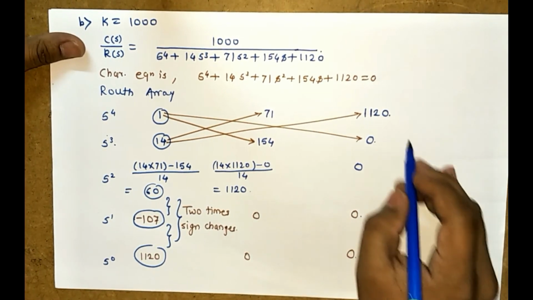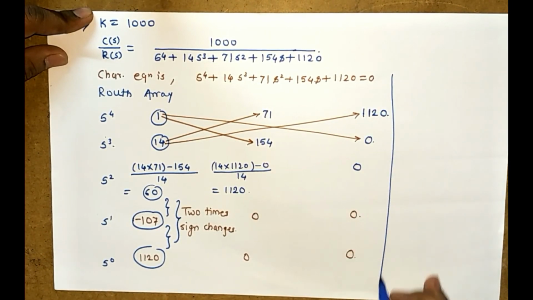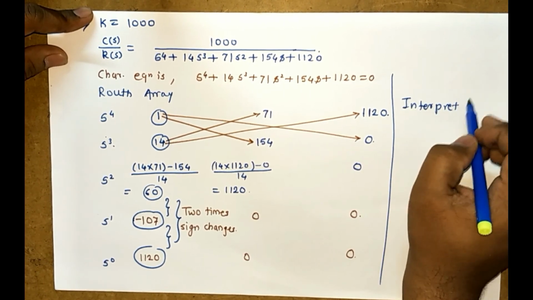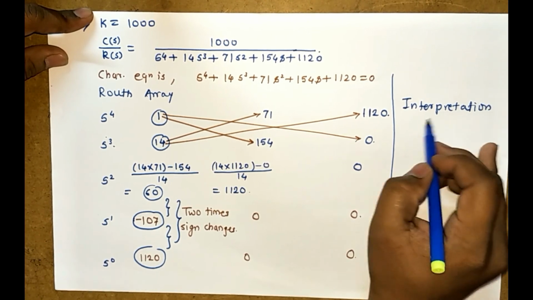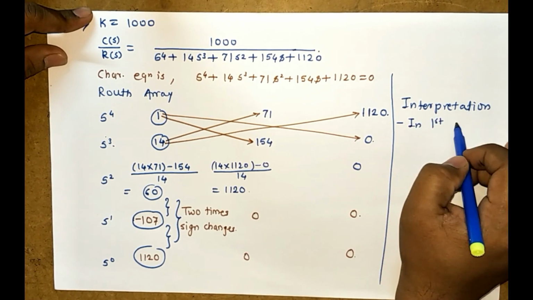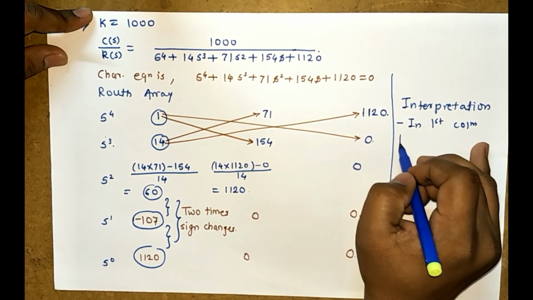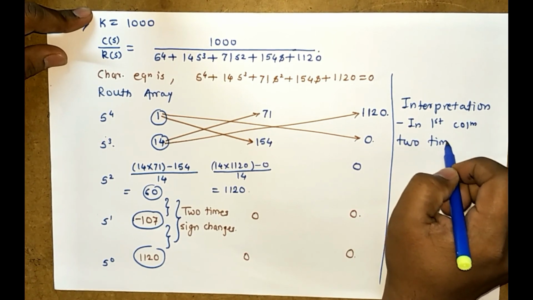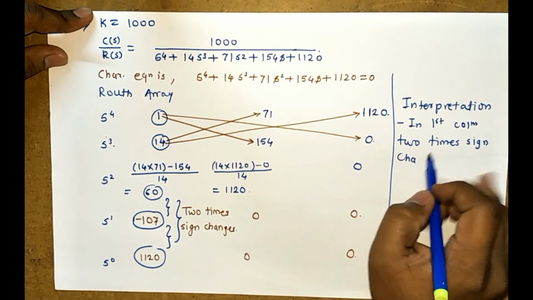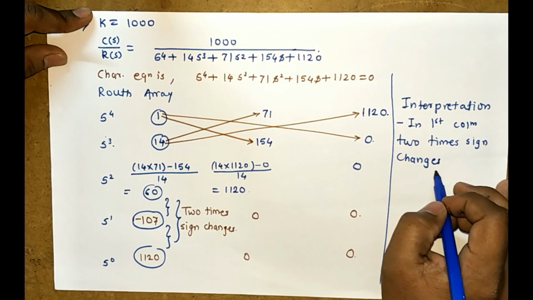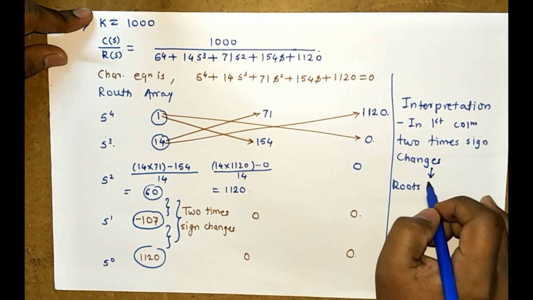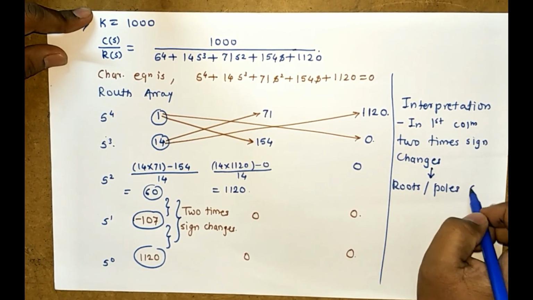So the interpretation from the Routh array is, in the first column, 2 times sign changes, so roots or poles are present in the right hand side.